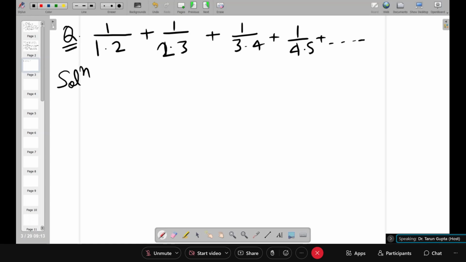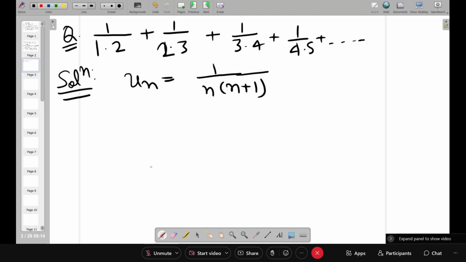So here, what is our nth term? 1 upon n into n plus 1. This is our un. Okay. Now here we have to find vn such that the limit of un upon vn is a finite and non-zero quantity.